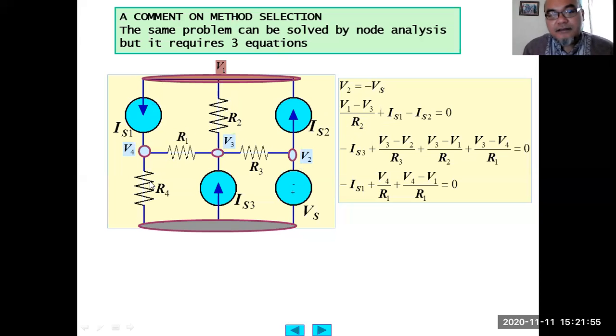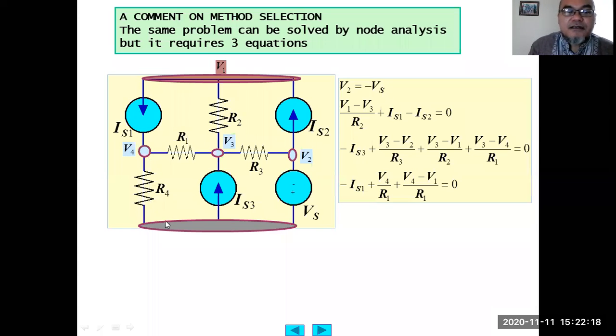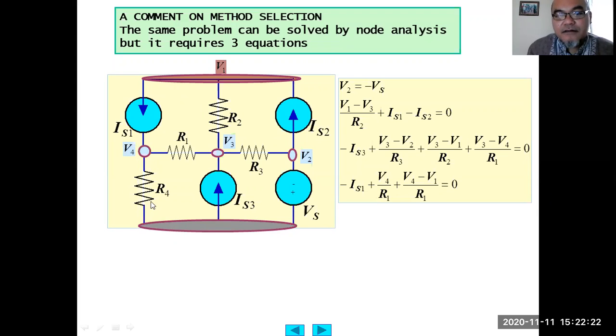And then at the node V3, minus IS3, plus (V3 minus V2) divided by R3, plus (V3 minus V1) divided by R2, plus (V3 minus V4) divided by R1 equals 0. And then finally at this node V4, minus IS1 plus (V4 minus 0), this is the 0 reference voltage, divided by R4, sorry.